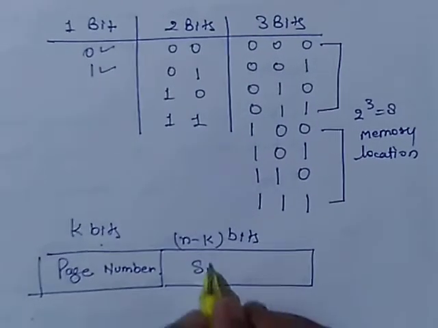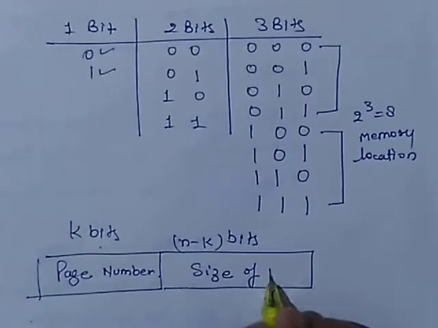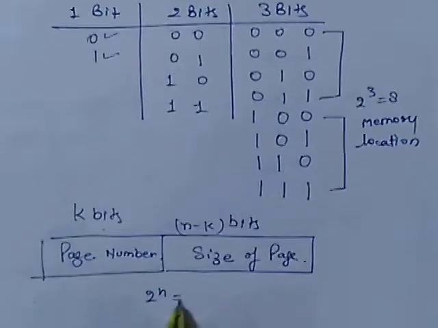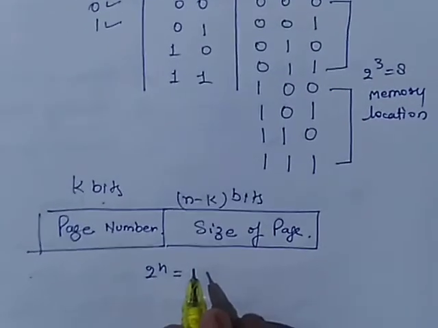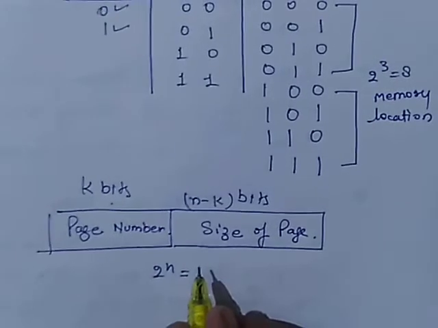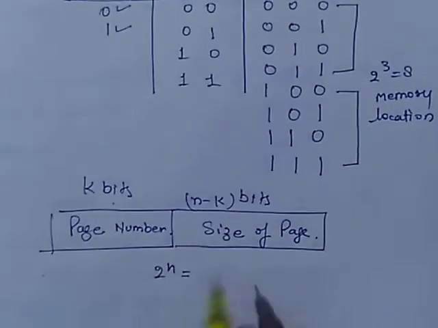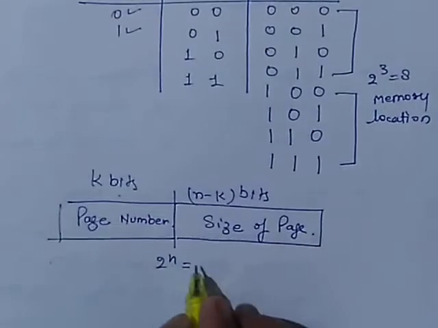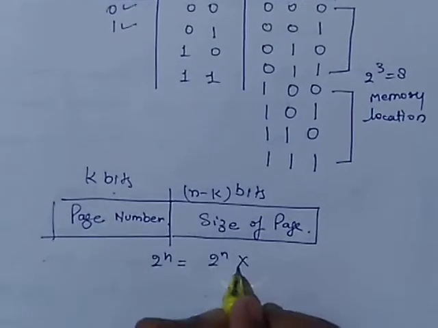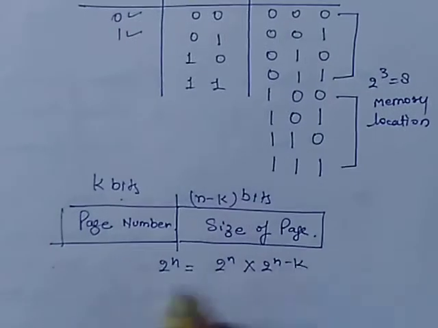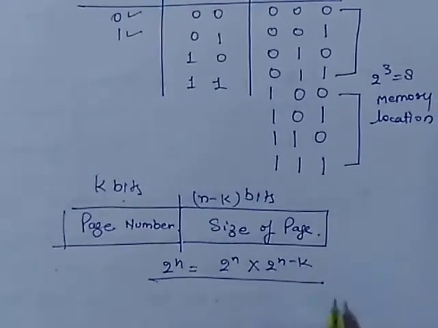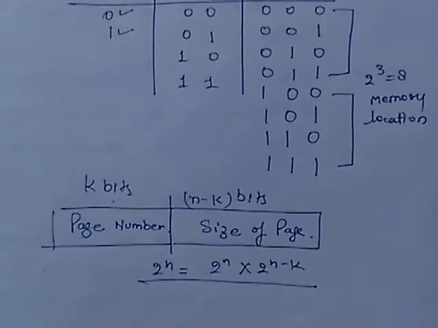So that is the size of page. As in the previous lecture I told you what is paging, in which the memory or process is divided into frames and pages. So here 2 power n equals 2 power k multiplied by 2 power n minus k. This formula is used by the operating system to divide a process into a number of pages.